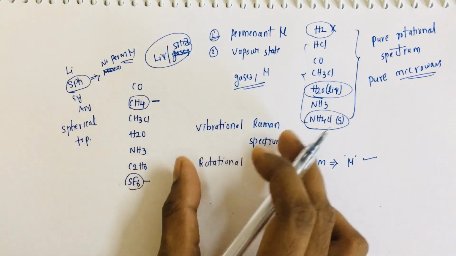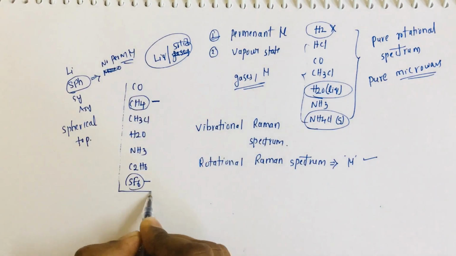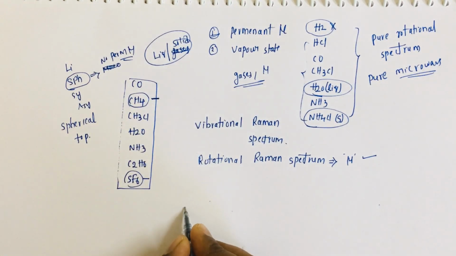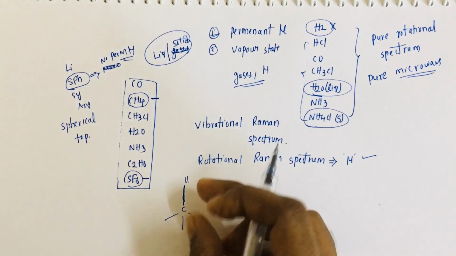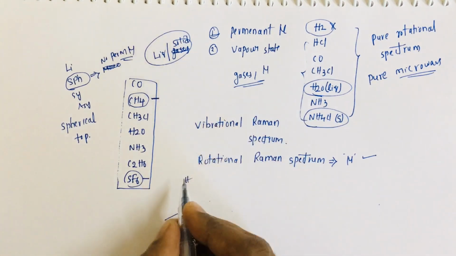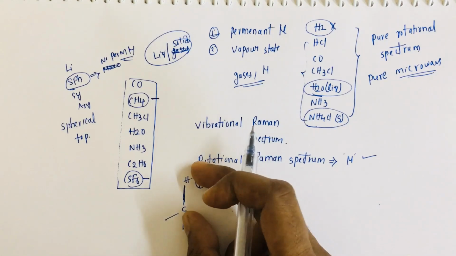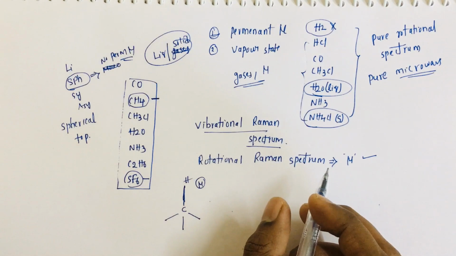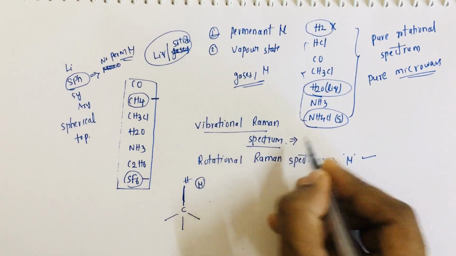Okay, and when we are talking about vibrational Raman spectroscopy, all these molecules are active. When we take methane, what is the vibration? Vibration means we can stretch this bond like this. When we stretch this way, we can produce some dipole moment change by stretching the bond. For vibrational Raman spectrum, there should be some minimum change in the dipole moment.